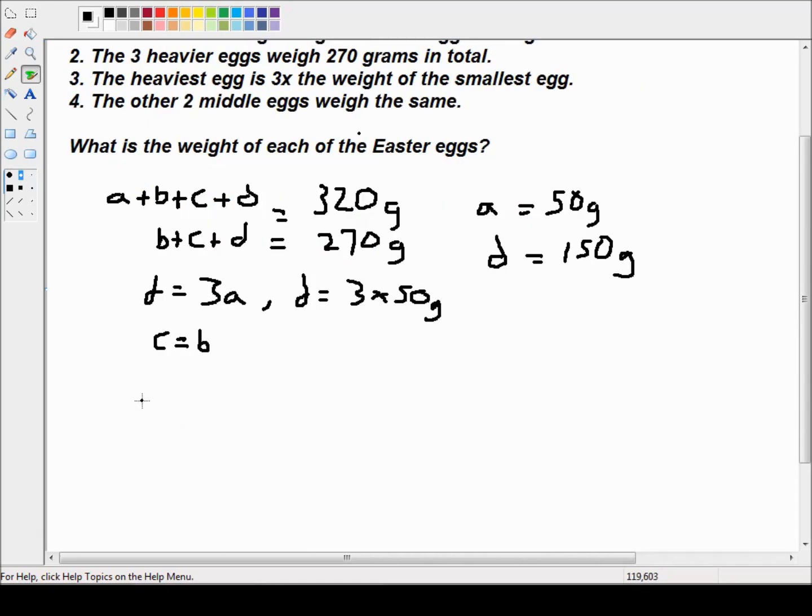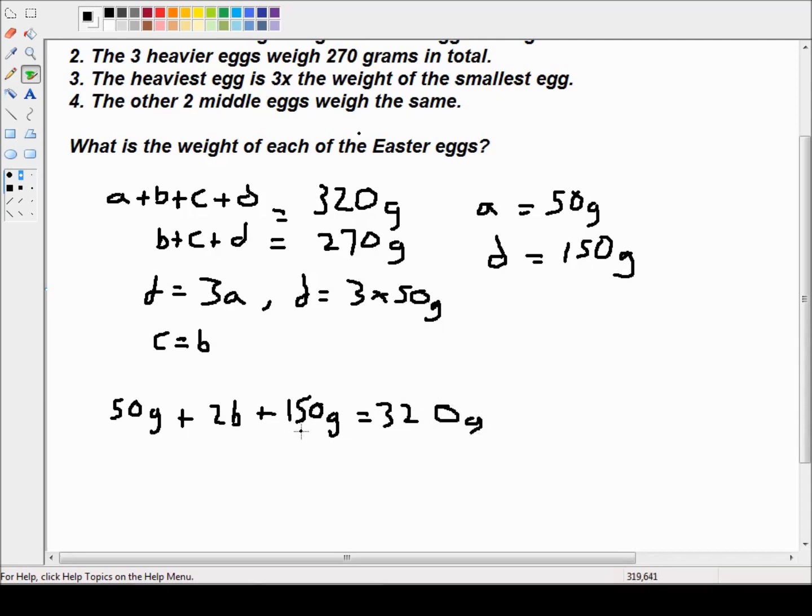So 50 grams plus, well, C and B are the same, so I'm going to say 2 times B is the weight of both B and C, plus D, which is 150 grams, is equal to 320 grams, which is basically putting all our information together.